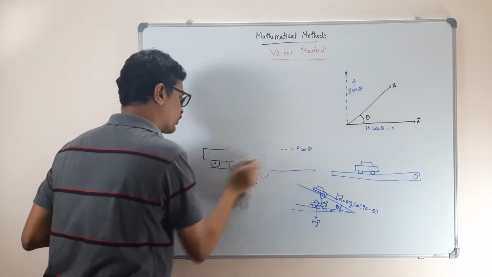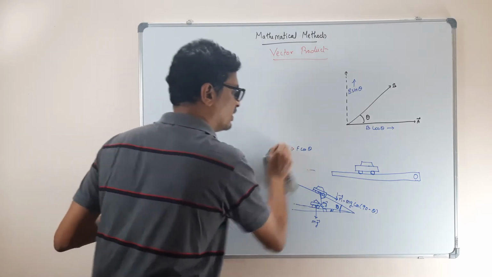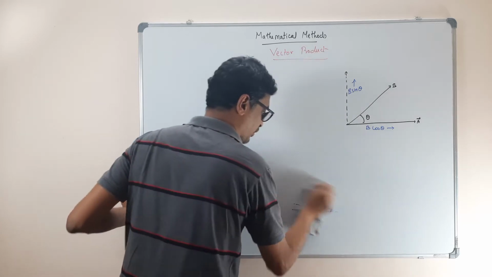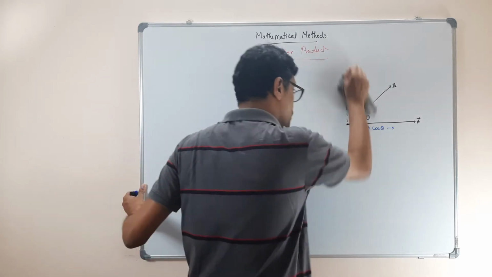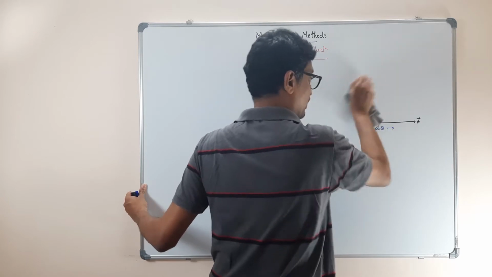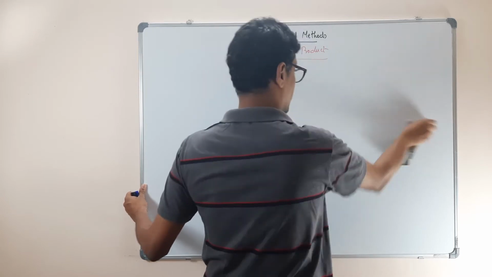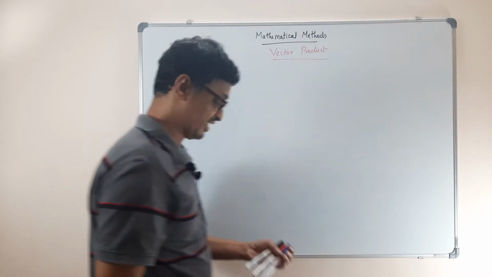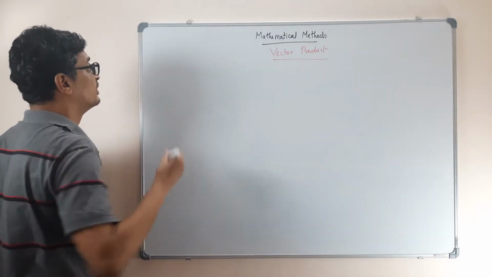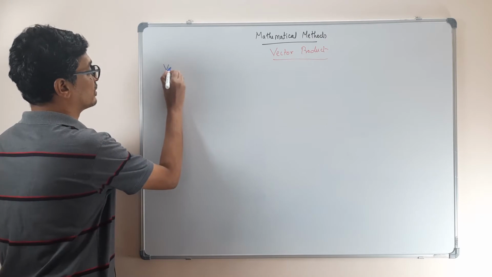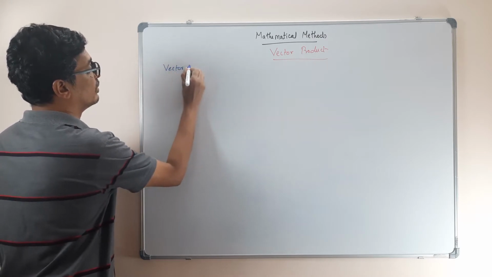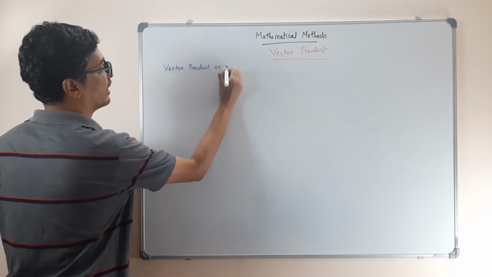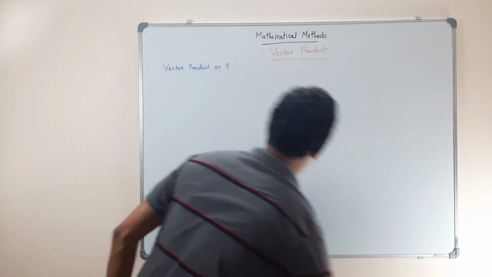Okay, so now let us go for the next vector multiplication, where when you multiply two vectors, the resultant is another vector. That you call the vector product, or cross product.